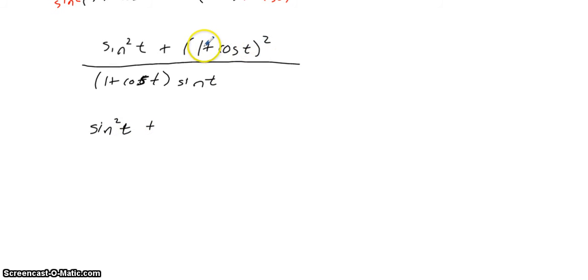Square that. Again, you can take 1 plus cosine t times 1 plus cosine t, multiply it all out, or shortcut: 1 squared, then 1 times cosine of t times 2, and then cosine of t squared.